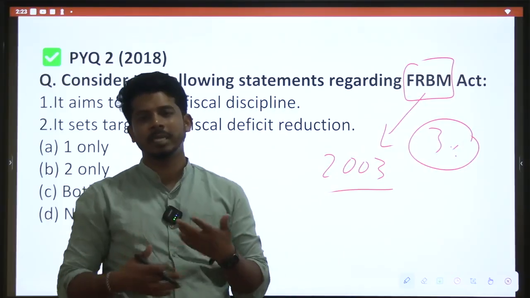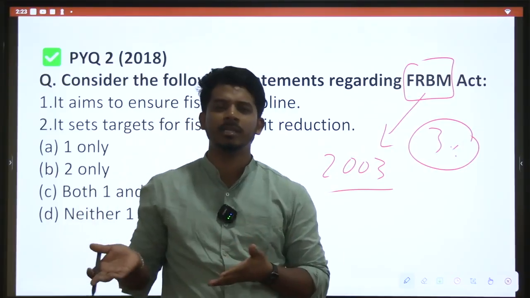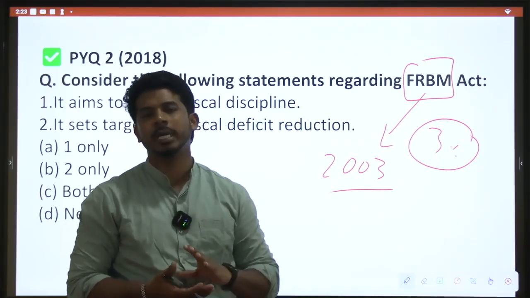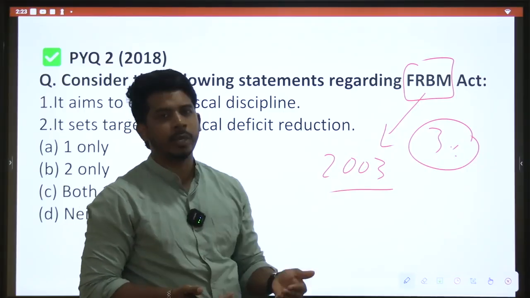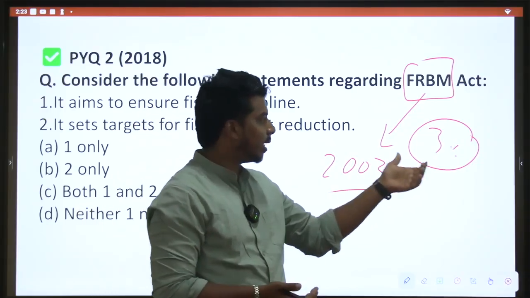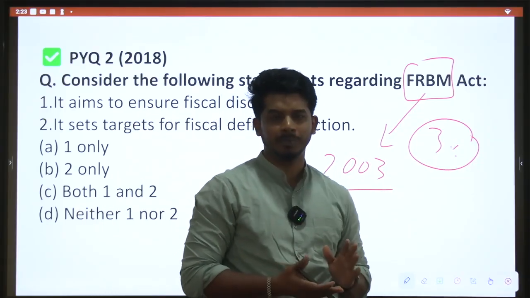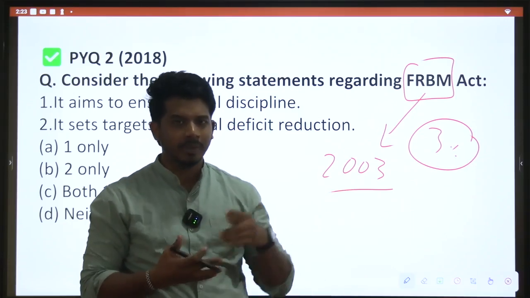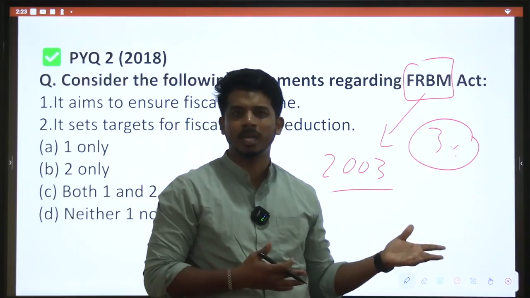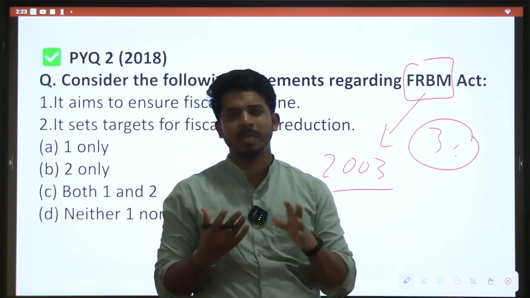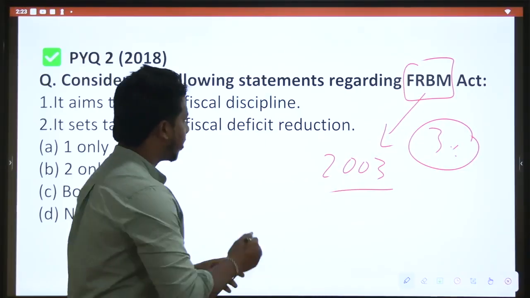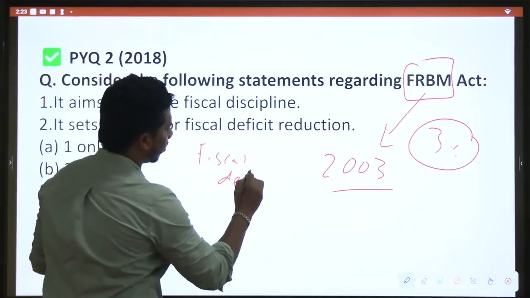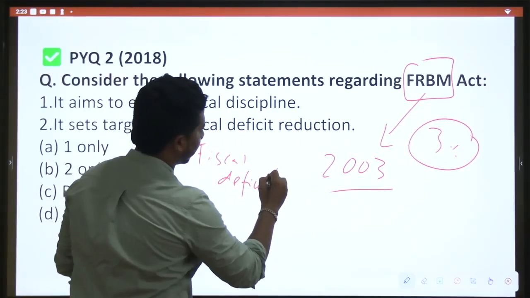There were many troubles. In 2008, we saw a financial crisis. In 2020, the COVID-19 pandemic. So even till today, in 2026, our fiscal deficit is still 4.4%. So this FRBM Act, in a way, has become useless. Even the previous 15th Finance Commission said this has become useless, so stop excessively focusing on fiscal deficit.